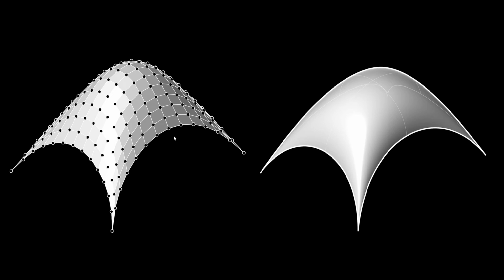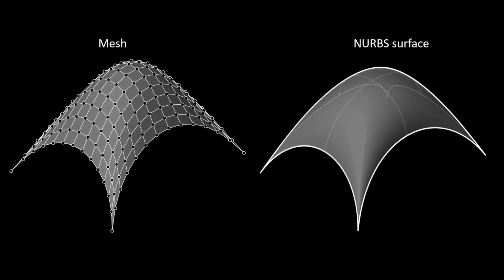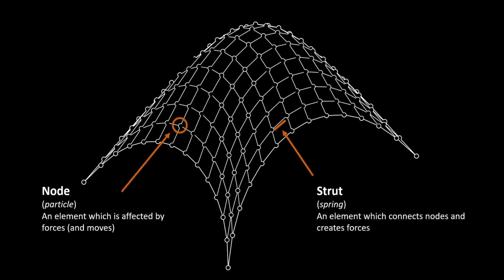The same applies to surfaces. You already know what meshes are, thanks to our first exercise, and what the difference is between a NURBS surface and a mesh. Basically, it's about how they are modeled, how they are described, and of course, how precise they are. The same applies to meshes.